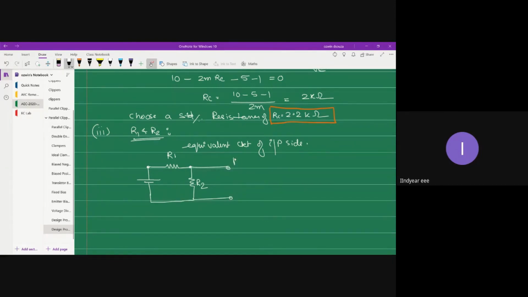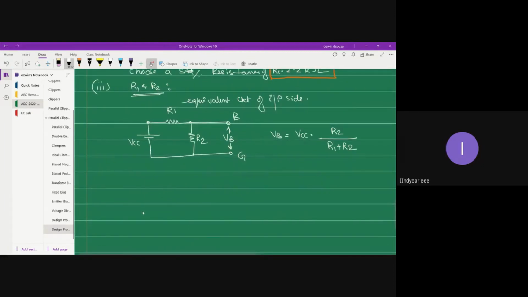And this is your base and this is your ground. And base to ground, let's define it as VB. This is VCC. So VB, we can write it as the main voltage into the resistance across which VB is measured divided by the sum of resistances. But what is VB?